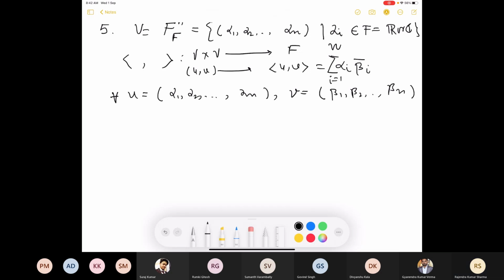So now, what we prove is that, let V over F be an inner product space.